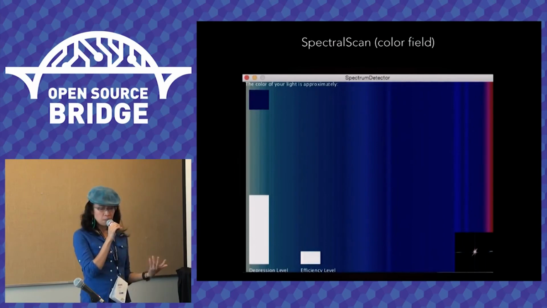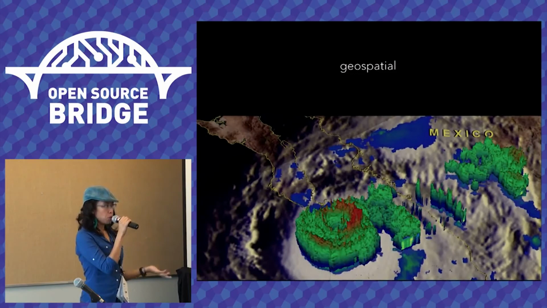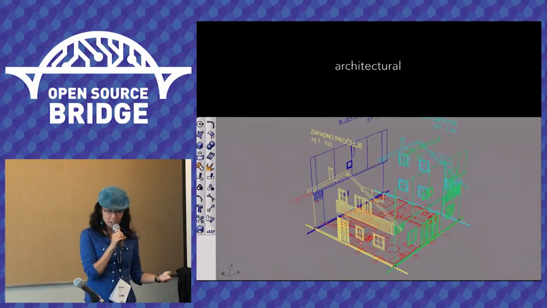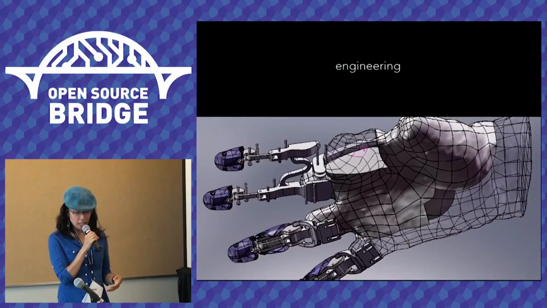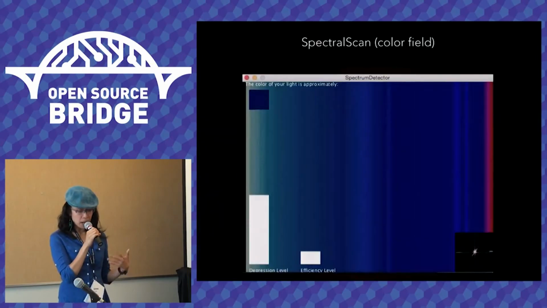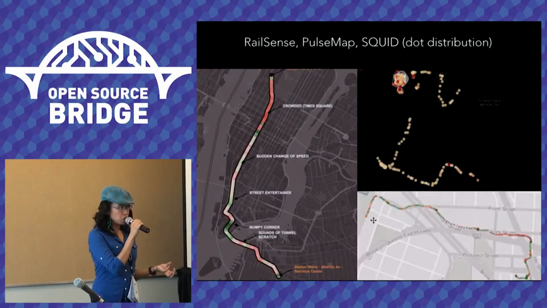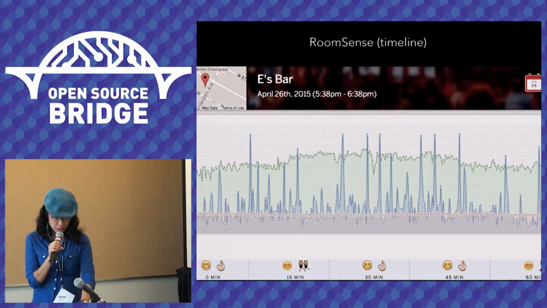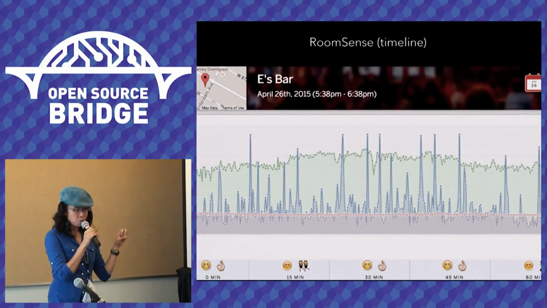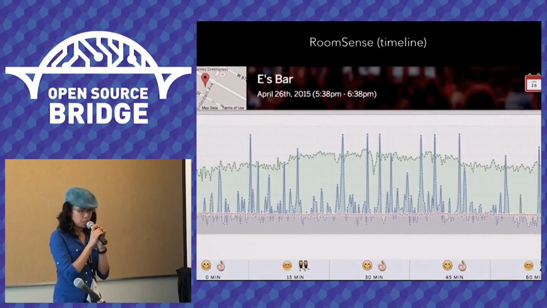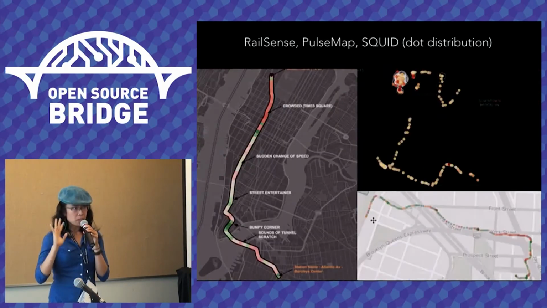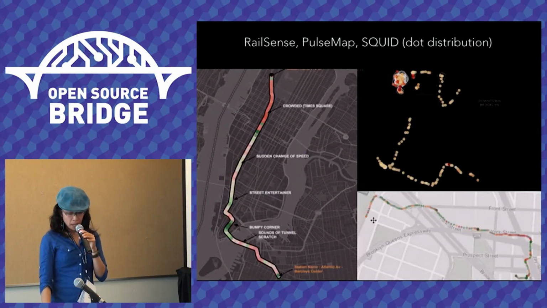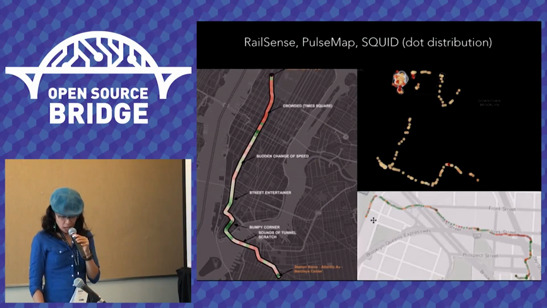They had read studies that excessive exposure to blue light can be associated with depression, but at the same time, blue light is more efficient. So on the left they show a depression level for the room, as well as an efficiency level, all based on a color spectrum. I'll move on from there.